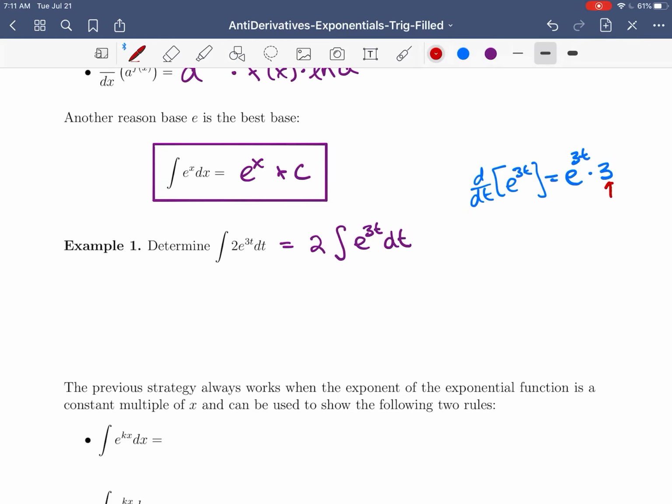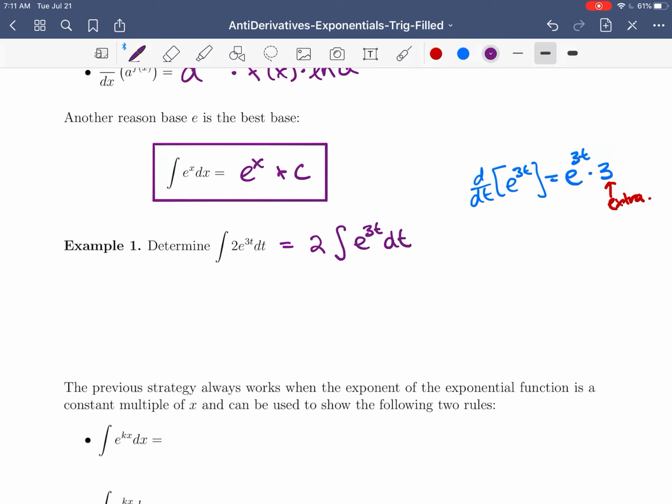So I get this extra factor of 3, just like we had an extra number when we were trying to find the reverse power rule. So what we could do instead is add in, we want a 3 there.